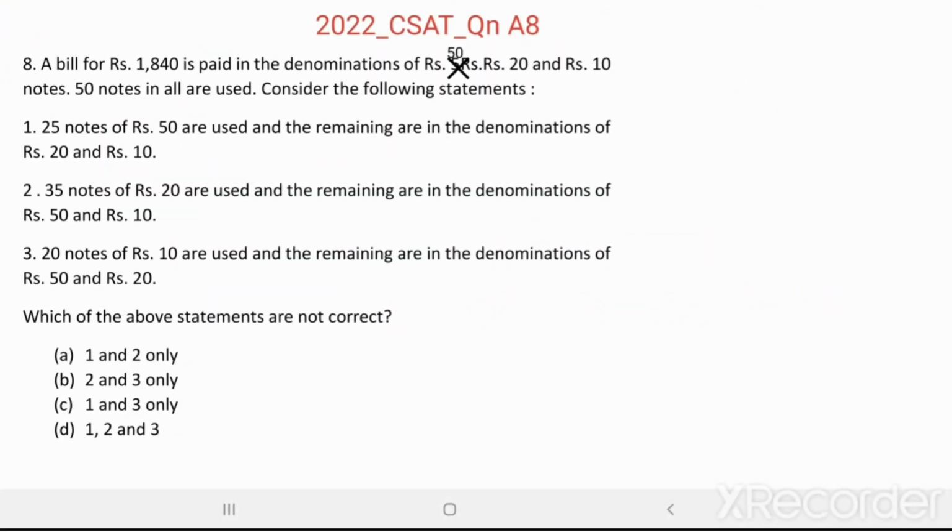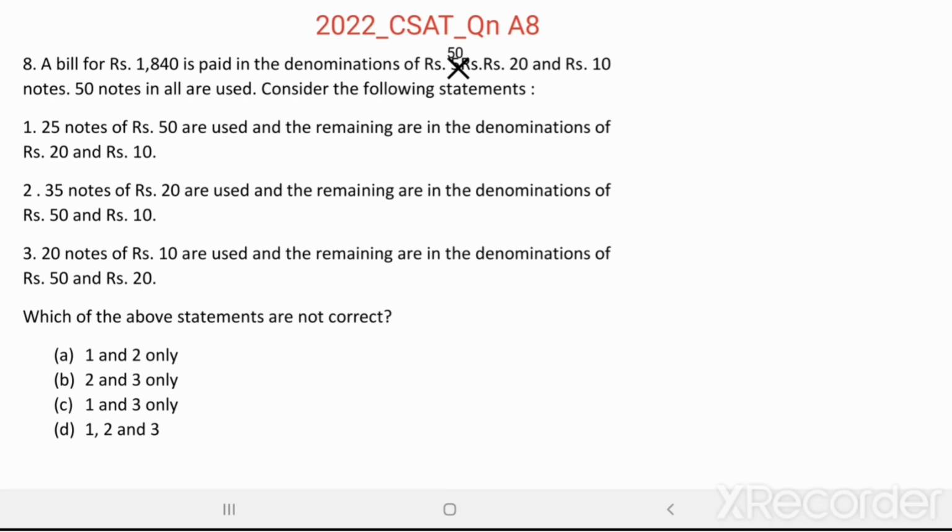Question number 8. A bill for rupees 1840 is paid in the denominations of rupees 50, rupees 20 and rupees 10 notes. 50 notes in all are used. Consider the following statements. Statement 1. 25 notes of rupees 50 are used and the remaining are in the denominations of rupees 20 and rupees 10.